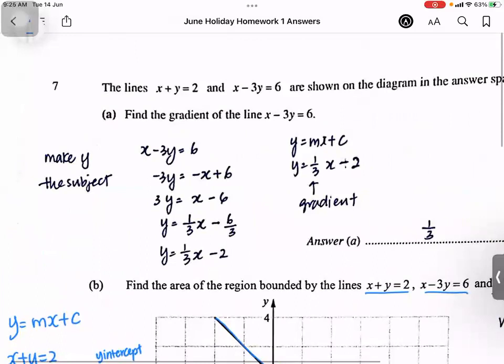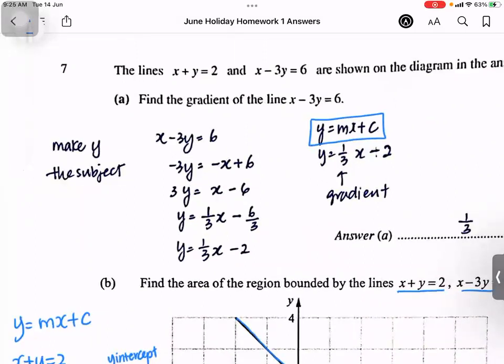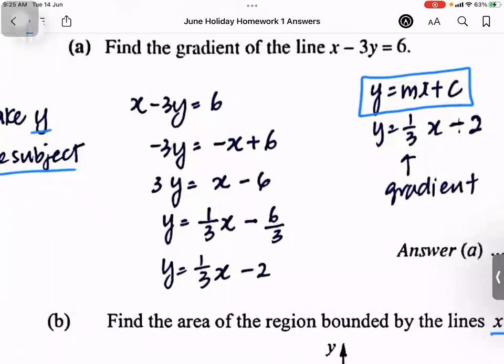Right, so find the gradient of this line. Now, any general equation is of the form y equals mx plus c. I know some students will want to plug in points, then y2 minus y1 over x2 minus x1, right? No need to do that. Just simply make y the subject. So x minus 3y equals 6. I keep 3y first. I don't like negative, so I change the sign, divide by 3.